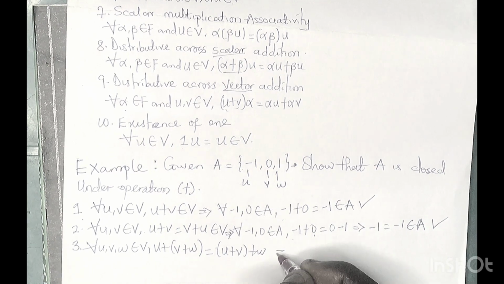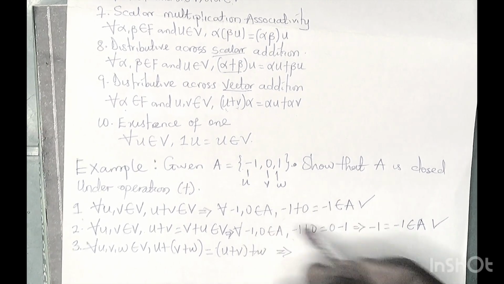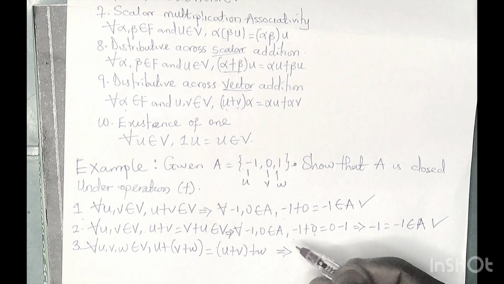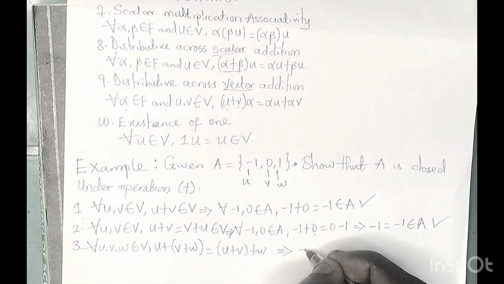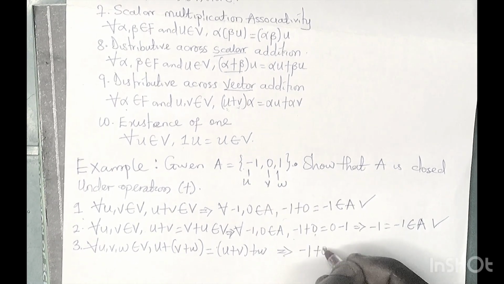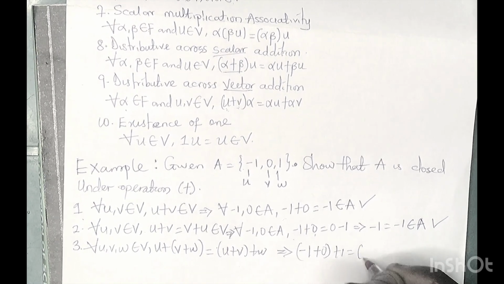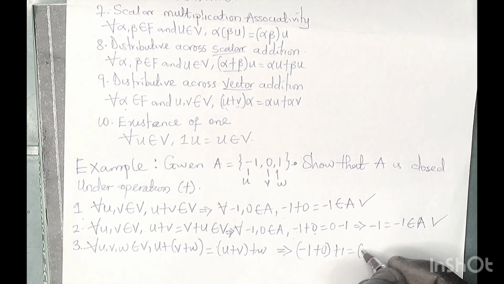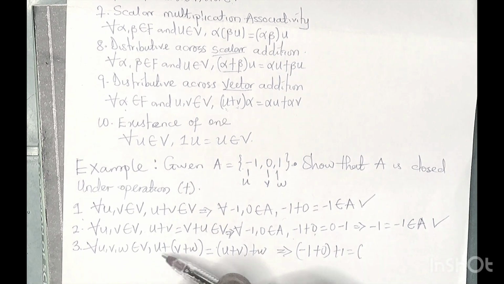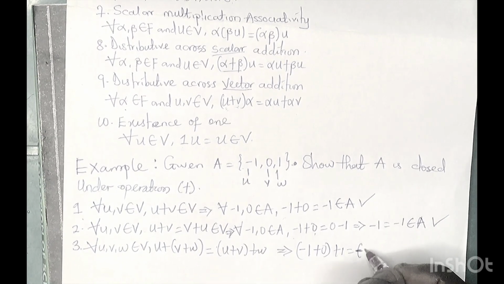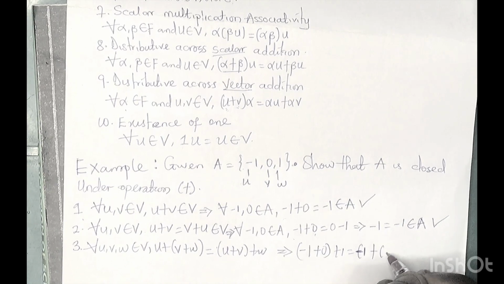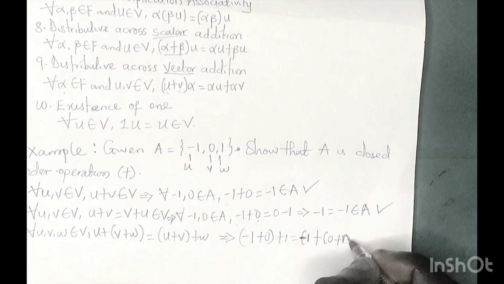If you are checking that, we already know the notations as I'm writing them. So that means minus 1 plus 0 plus 1 should give me the same thing as minus 1 plus open bracket 0 plus 1 close bracket.